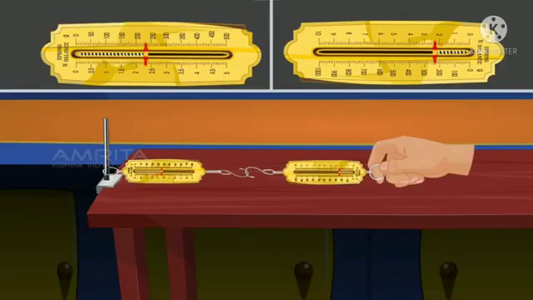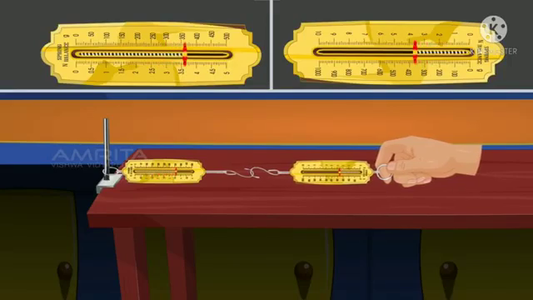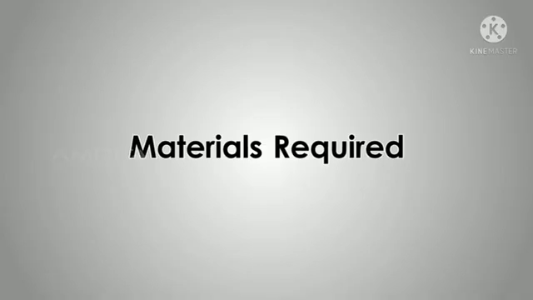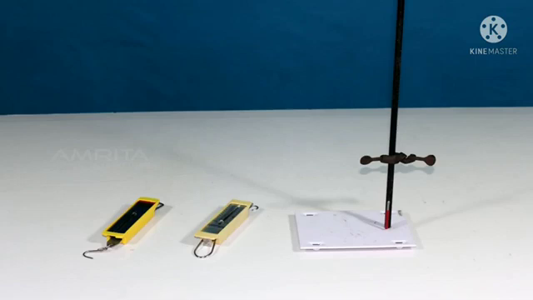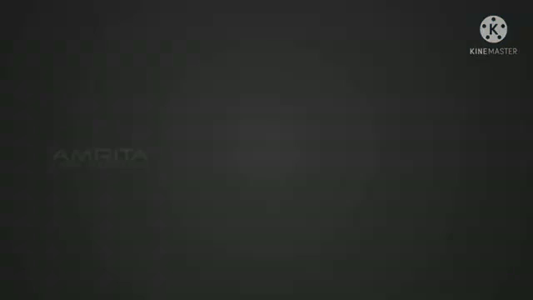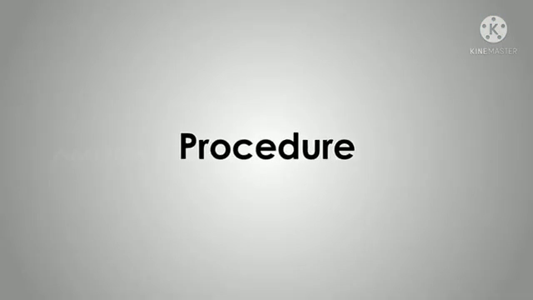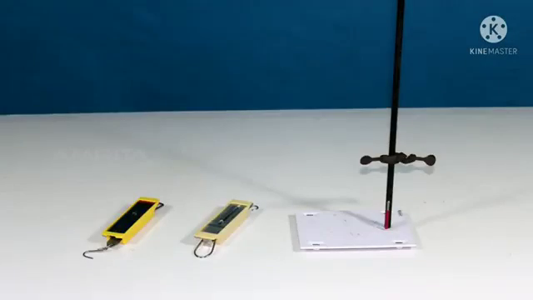Here is an experiment which proves Newton's third law of motion. Materials required: 2 spring balances of different least count, an iron stand fixed on a table. Procedure: arrange the stand.